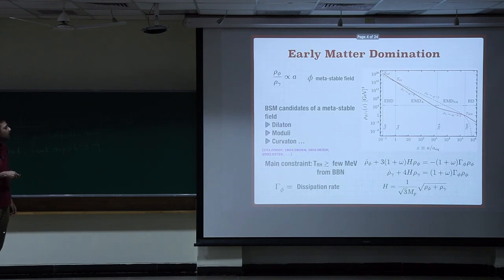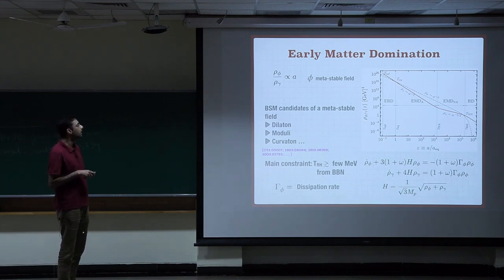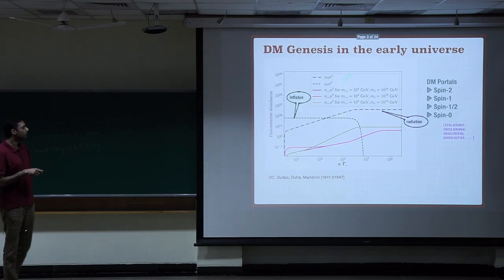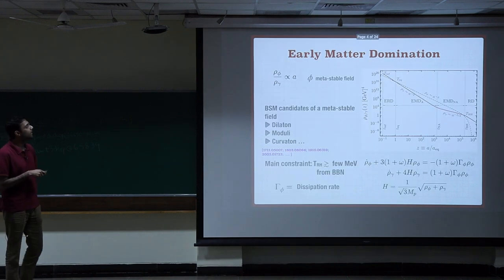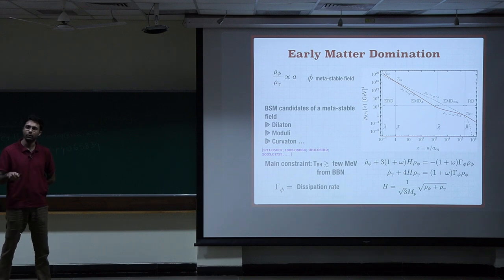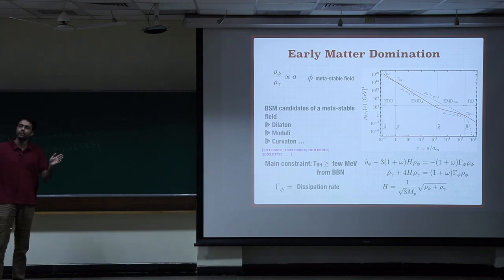Okay. Now one thing that is quite interesting is that, as we say, the inflaton is a matter content, a matter particle, but there might be some other matter domination also. So the universe might have gone through various stages of matter domination prior to BBN.